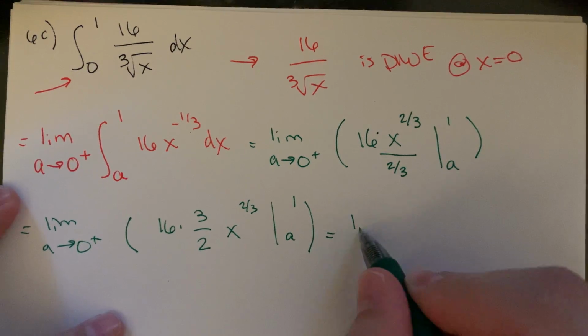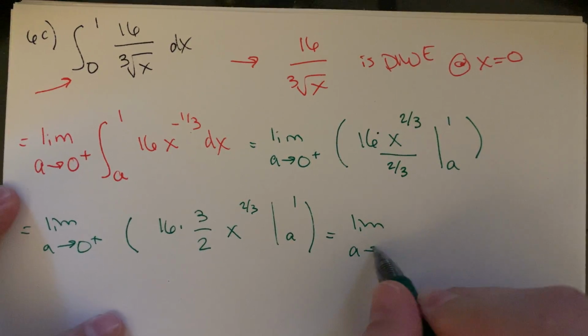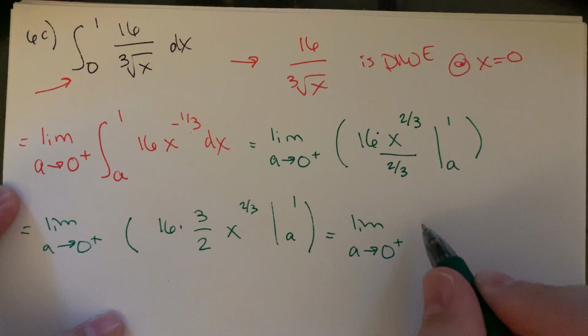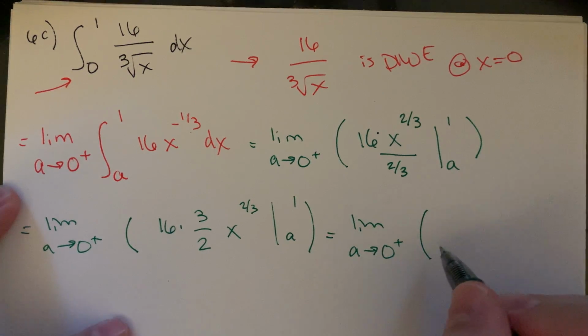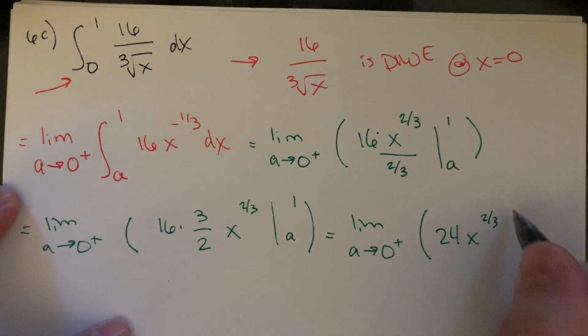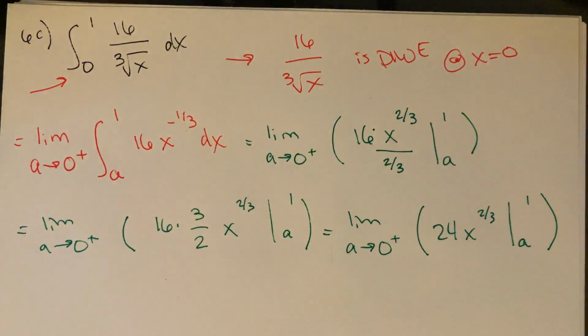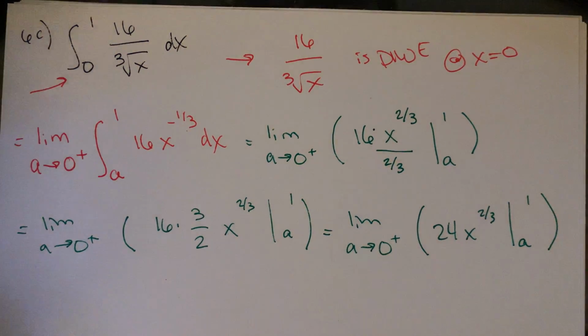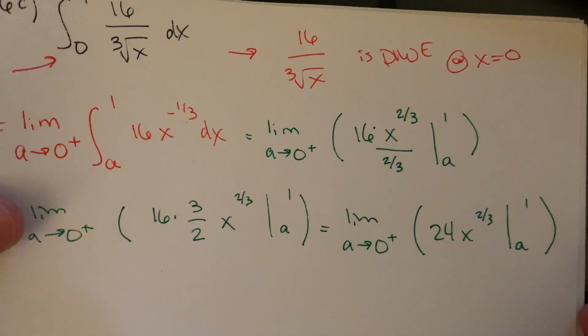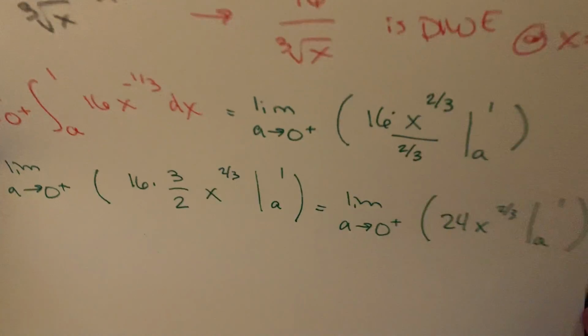So let's write it that way. Limit a goes to 0 from the right. So this is 24 x to the 2/3 from a to 1. 2/3 power would mean the cube root of x squared.